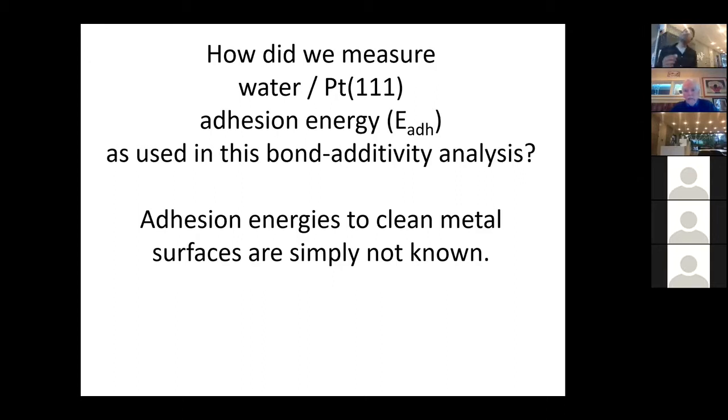But I would guess that as you increase the coverage, just because there's less space available, it would switch to this vertical configuration, right? That happens on something like silver. It's well known that when you put an aromatic molecule on the surface, or a phenol, or something with nitrogen instead, they do stand up as you go up in coverage.